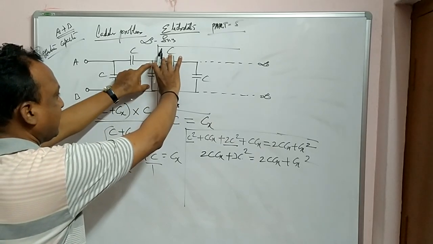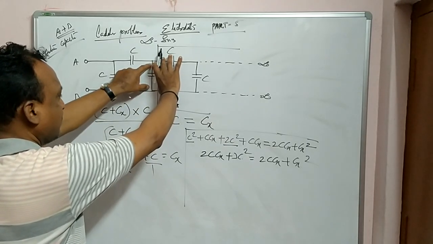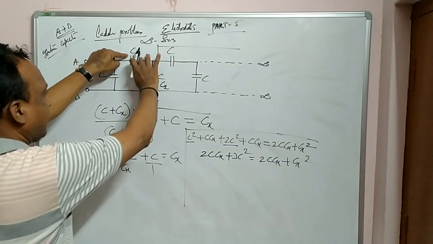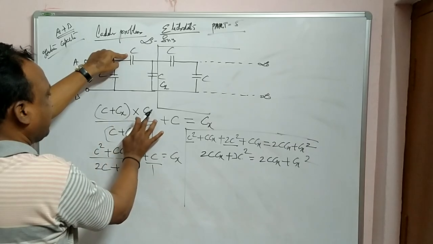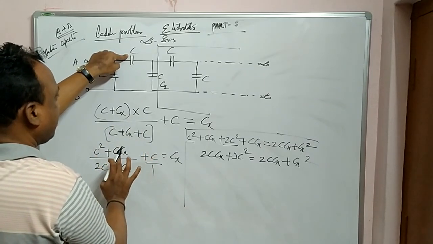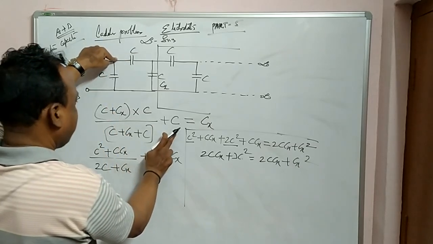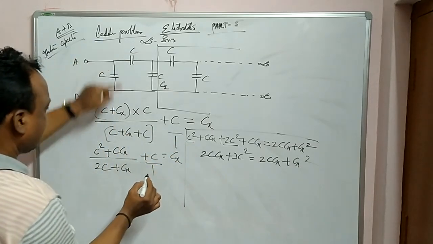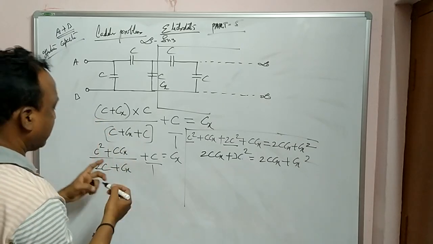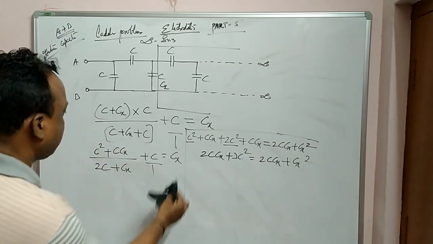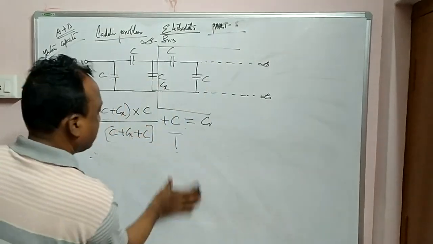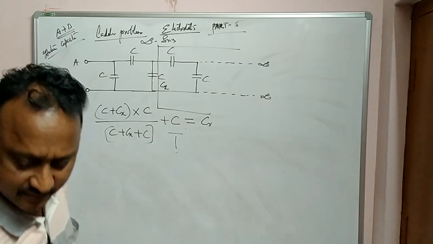Cx and C are again parallel, so C plus Cx, again with this one series. So (C plus Cx) into C by (C plus Cx plus C), again with this one parallel plus C, LCM, so 2C plus Cx. Let me check once again, some value I think I got wrong.